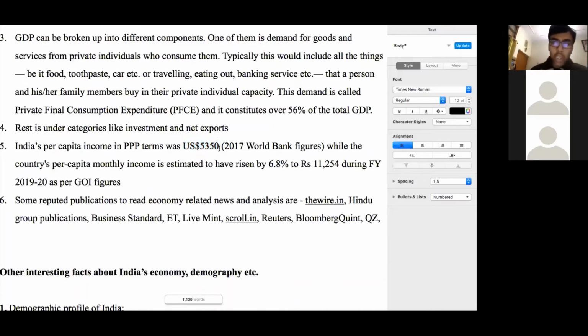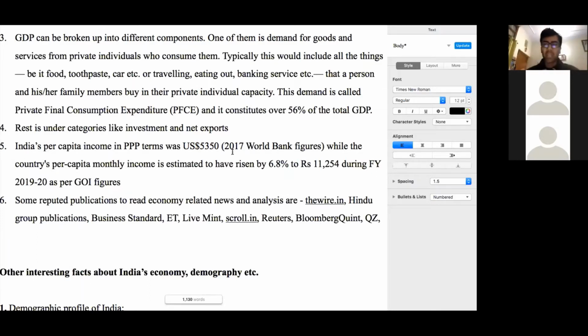Since this is a slightly older figure, at that time India's PPP GDP was around 8 trillion something in 17-18. That's why this figure is 5,350 as given in the World Bank. Because when this figure was taken in 2017-18, India's PPP GDP was 8 to 8.1 trillion. But now India's GDP in 2019-20 was 9.5 trillion. So if you divide that figure by 1.4 billion, it is going to come somewhere around 6,000 something.